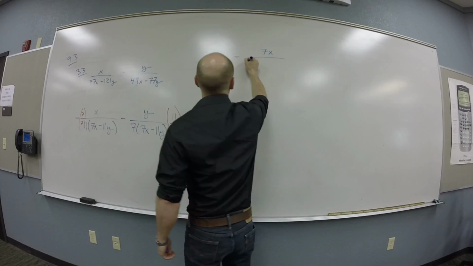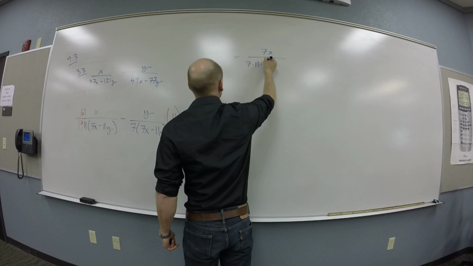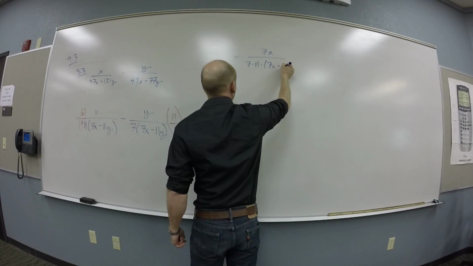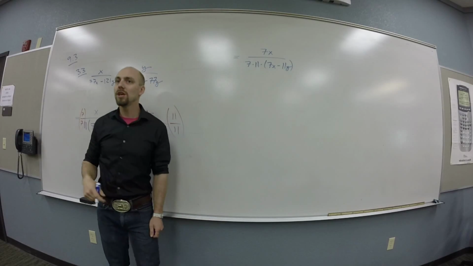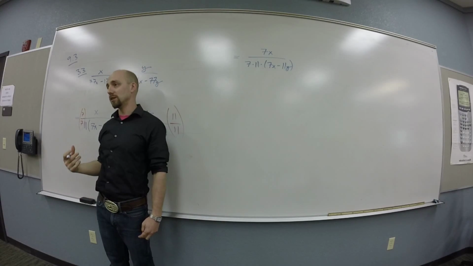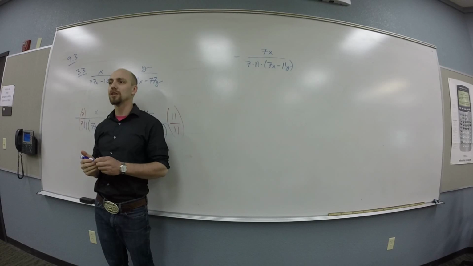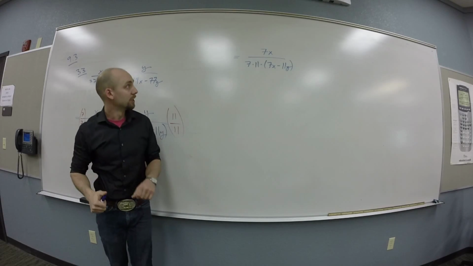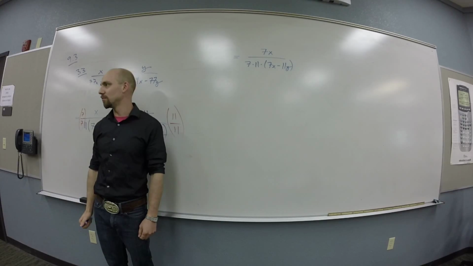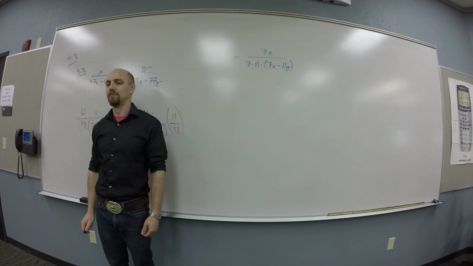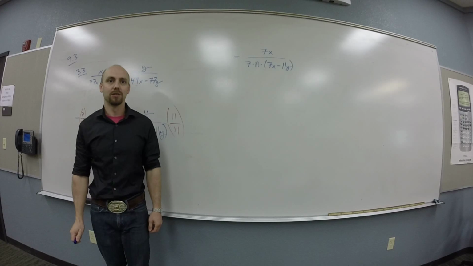You guys might write 7 times 11 times 7x minus 11y. Either way, but I wouldn't distribute it in because you're going to spend some time wondering what is 77 times 7 and what's 77 times 11, right? That's time you don't have to spend, so I wouldn't.